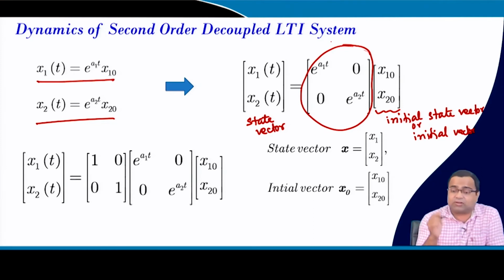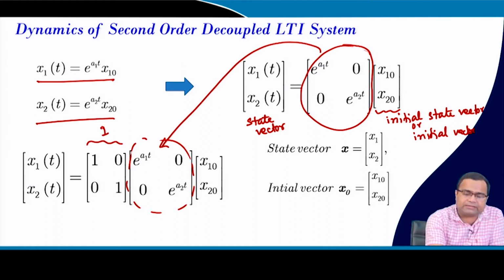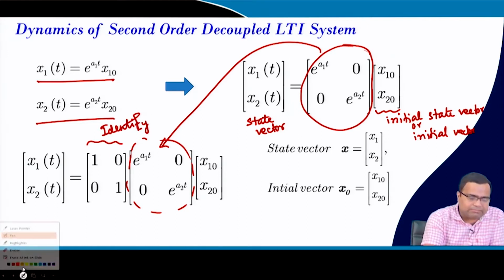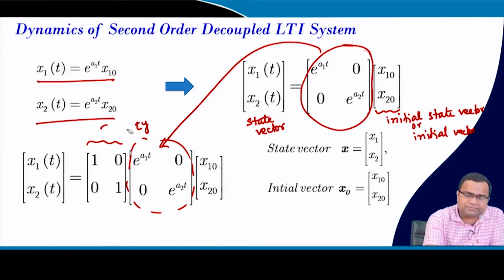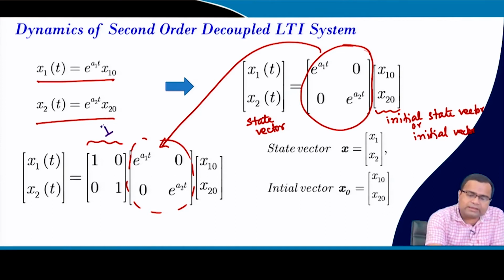Now, we can write in a compact form, that means this particular matrix we are writing again here. Now, we can multiply with an identity matrix. Why are we doing that?